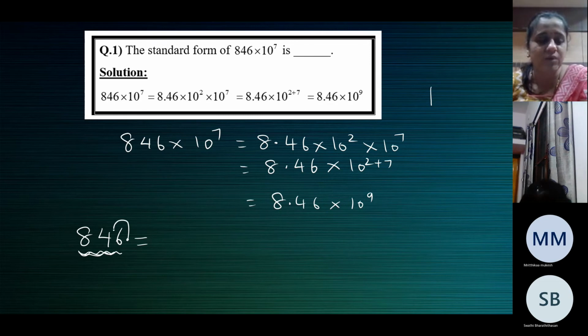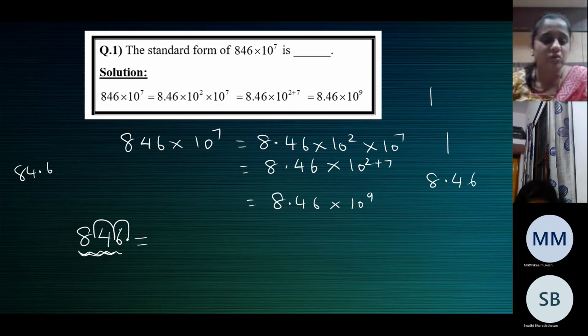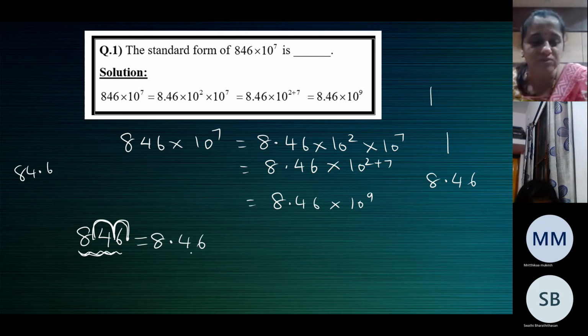When you move the decimal point here, it becomes 84.6. No, it should be more than 1 and less than 10. So when you move the decimal point here, it becomes 8.46. Clearly 8.46 is more than 1 but less than 10. So you have to shift the decimal point by 2 places.